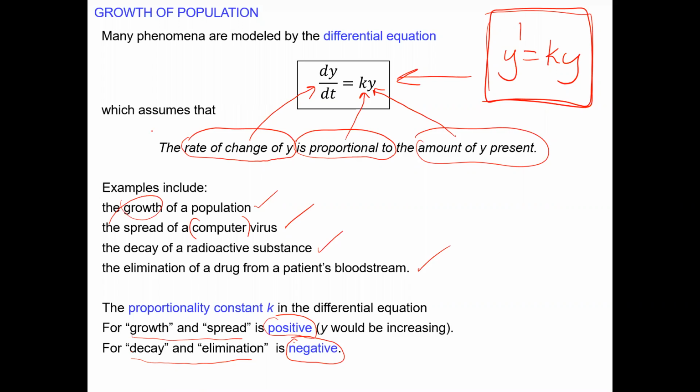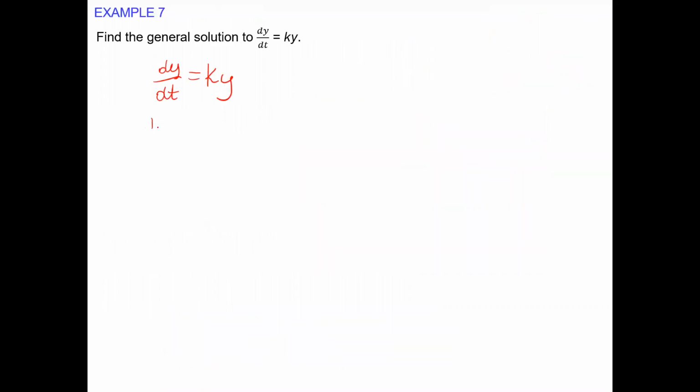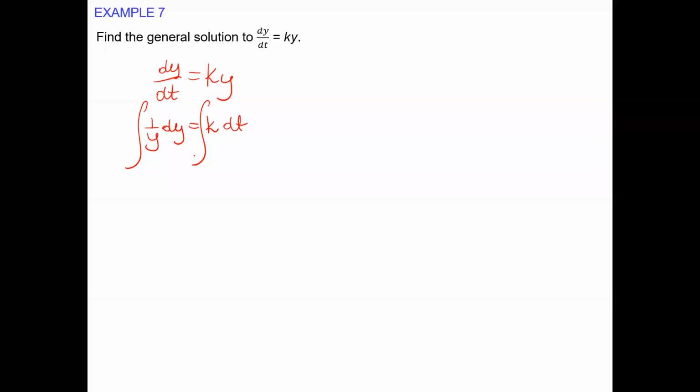I will divide by y both sides, and I will multiply by dt, or I can say I will move dt. Okay, the integral of 1 over y dy is the natural log of y.